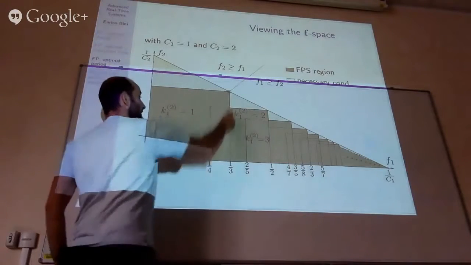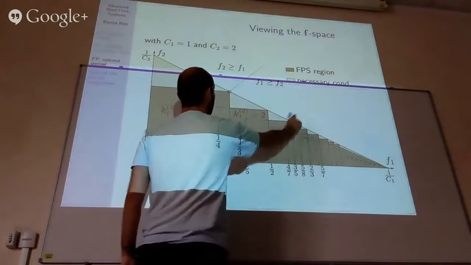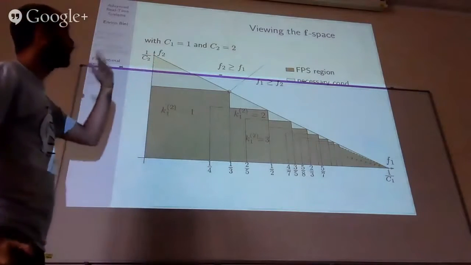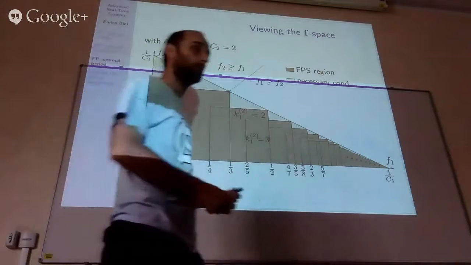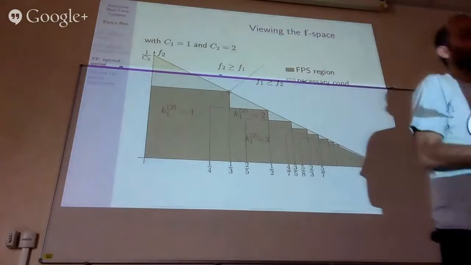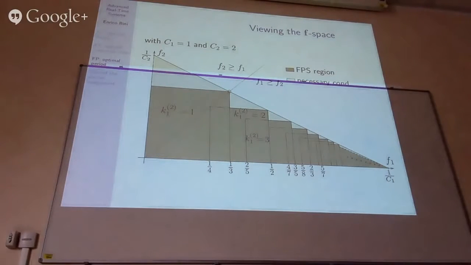You do the union, and then you do intersection, meaning that you consider also the schedulability of all tasks. This is basically a sort of proof that the schedulability region that we guessed is exact.